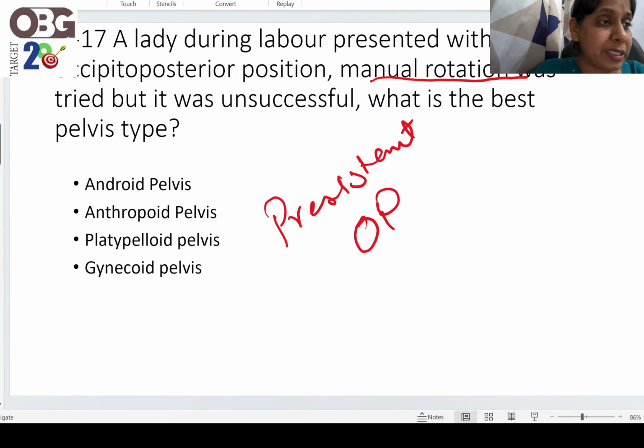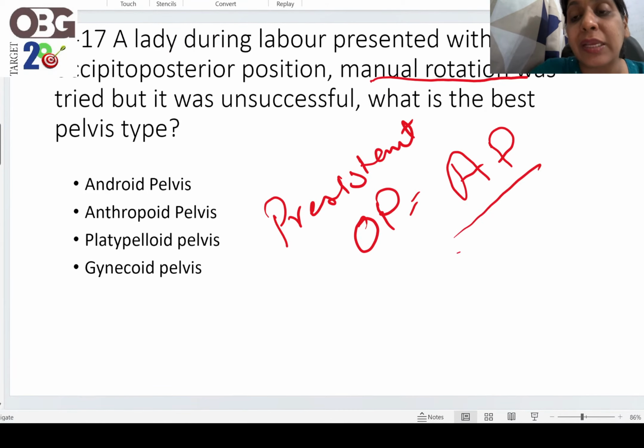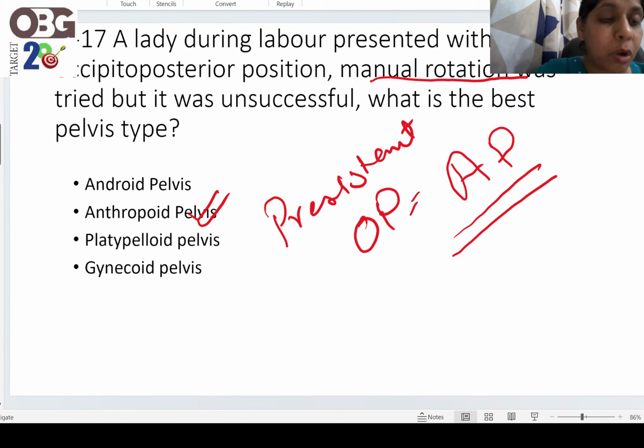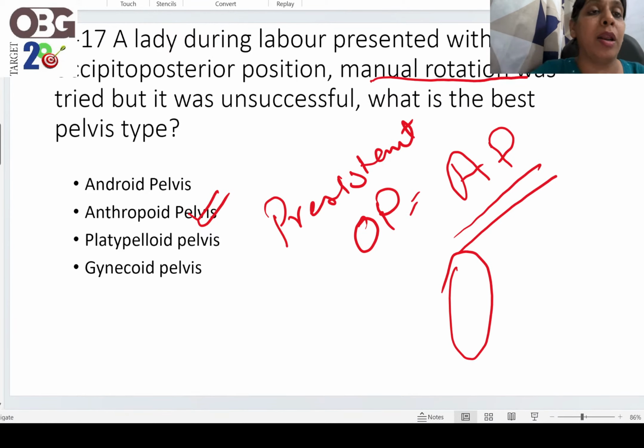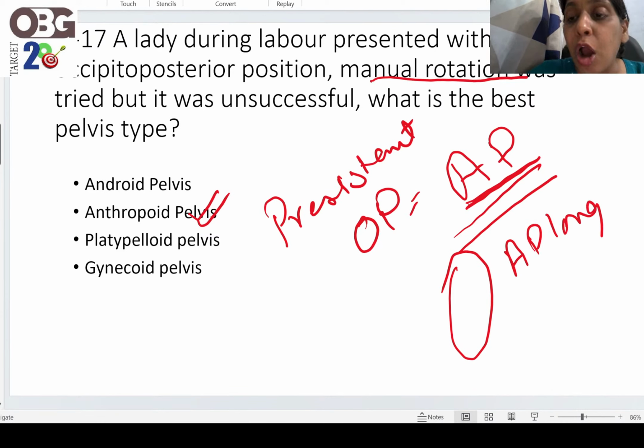You got my point? So we have studied that persistent occipito-posterior is the anthropoid pelvis. The anthropoid pelvis is the longitudinal, long pelvis. See, anthropoid is made up of two main letters, A and P: antero-posterior long pelvis.